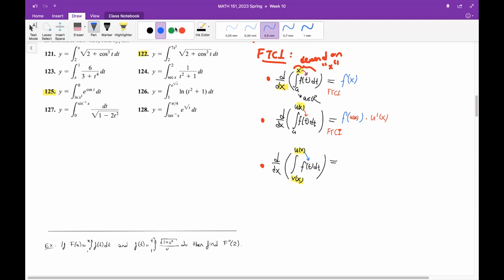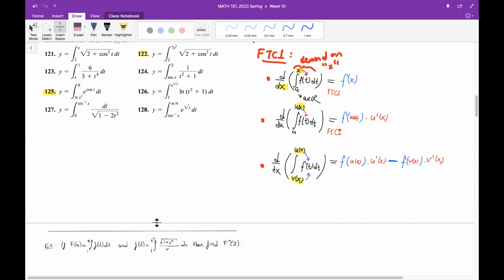So what you should do is the same for u of x: you evaluate f at u of x, and you multiply with the derivative of it. And then you will do the same for the lower bound, okay? So f will be evaluated at the lower bound times its derivative, and you will take the difference, okay? This is how you should find the result in this most general case. Okay, let's start applying those things now.